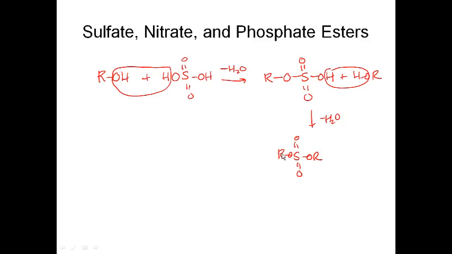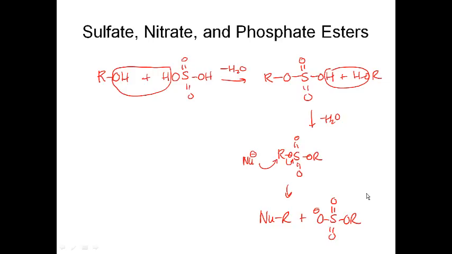One of the advantages of forming sulfate esters might be that if you wanted to then take a nucleophile and react it, it would come in and react with one of the alkyl groups. And again, we would do substitution, and the leaving group would be our resonance stabilized sulfate ion, similar to the tosylate esters that we talked about in the last lecture.